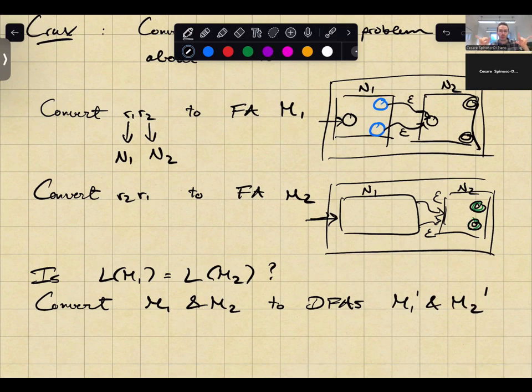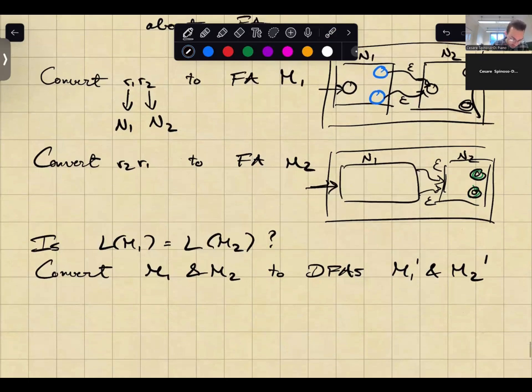Now you're not going to run into problems of non-determinism if you try to create a mapping between the two machines, but you still might run into problems even with just DFAs because it might be that the machine M1 is huge and the machine M2 is quite small, but maybe they accept the same languages. It's just a matter of them having a different number of states. To avoid this problem, what we're going to do now is minimize.